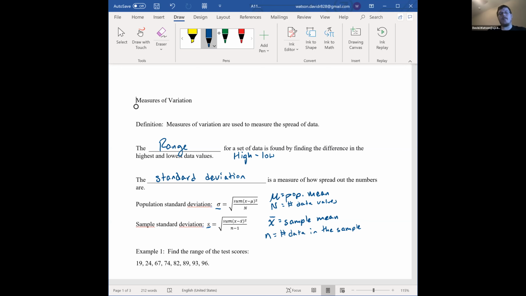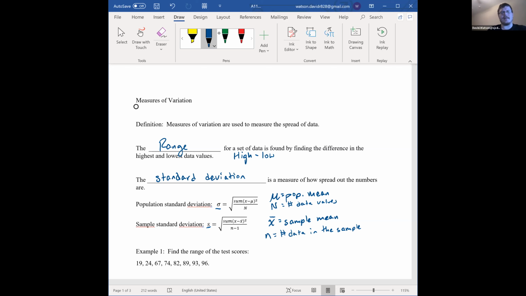The reason we do that is statisticians have shown that n minus 1 gets you closer to the population standard deviation than just n. So they use statistics to figure out more stuff about statistics.